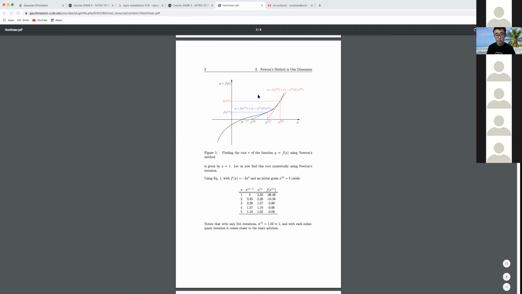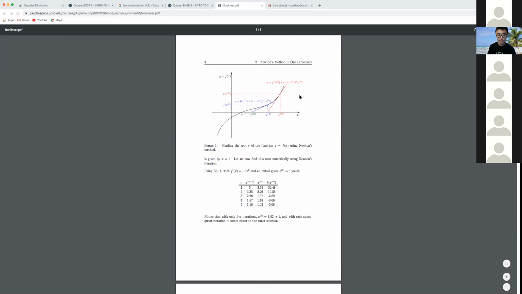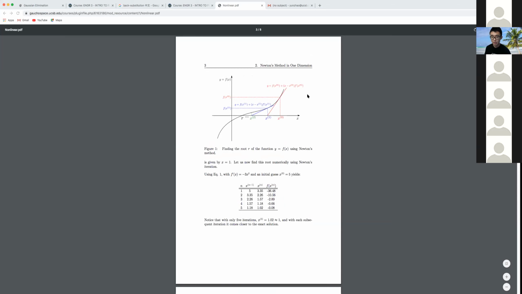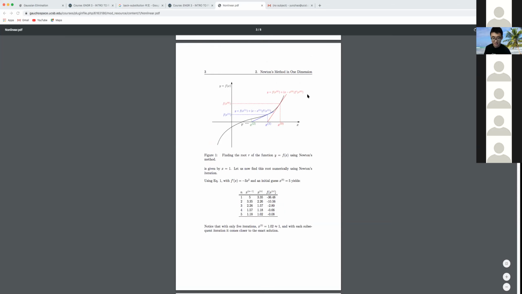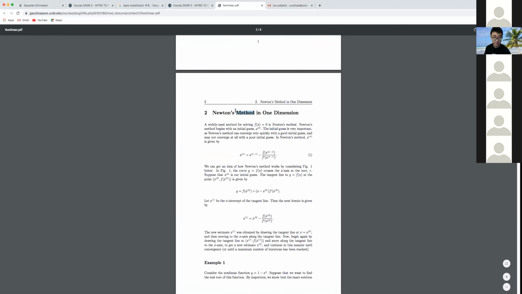But for some nonlinear systems, if there is a function like this, you cannot randomly choose any initial point. In that case, you have to study the property of the function and try to make a better decision. Okay, so this is Newton's method.